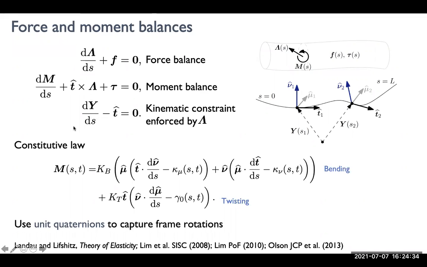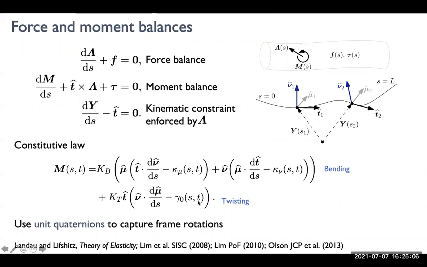Okay, so that leaves us with needing to figure out what these bending moments are, and those will be given by a constitutive law, and that will relate the bending and twisting to how this frame, given by t, mu, and nu, varies as you move along the length of the filament. I should say that there we have these kappa mu, kappa nu and gamma naught.